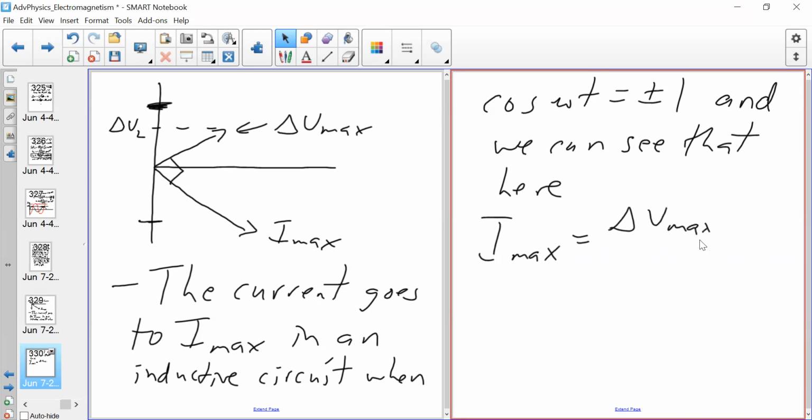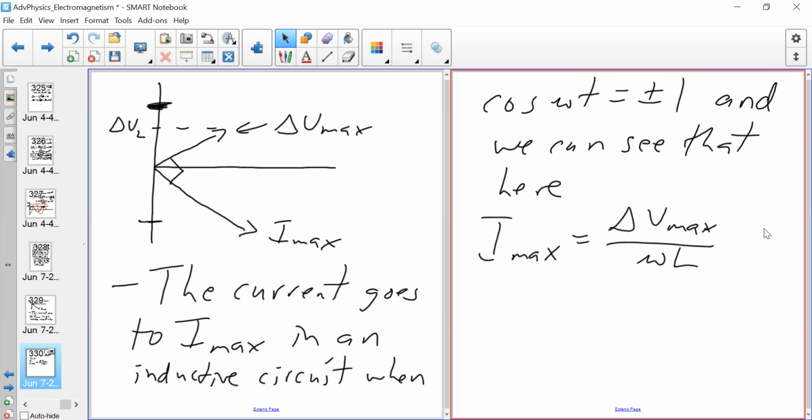Delta V max over omega L. And so when Imax is at its maximum, cosine omega t is equal to 1. So that's why this is understood as multiplied by 1. So this equation just becomes Imax equals delta V max over omega L, with cosine omega t equals 1, or cosine of 0 equals 1.